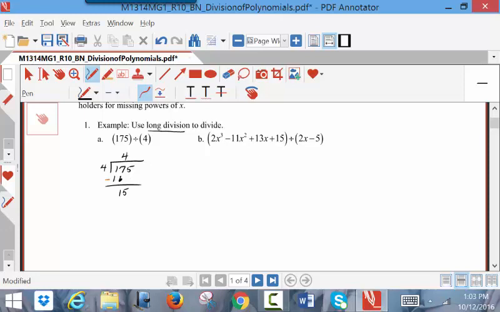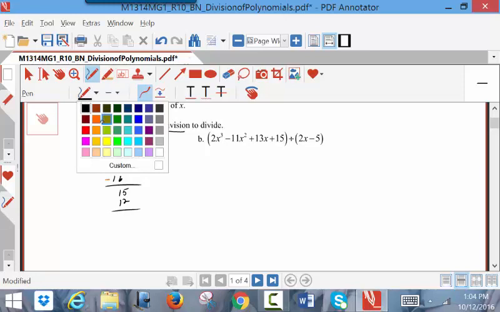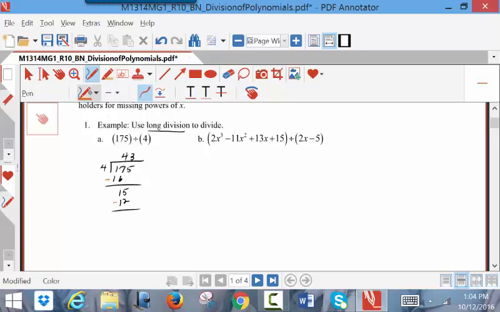Then you say 4 goes into 15 now. 4 goes into 15 3 times. You put the 3 at the top. 3 times 4 is 12. Don't forget you're supposed to subtract these numbers, and then you get a remainder of 3. I cannot imagine how miserable it must have been to try to teach this process, because there's really no logic at all.